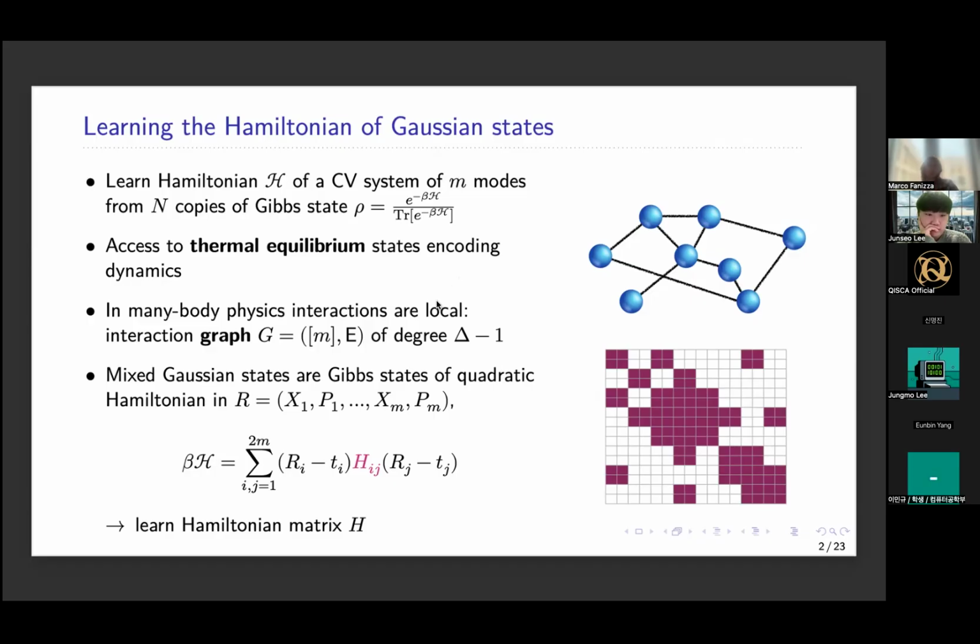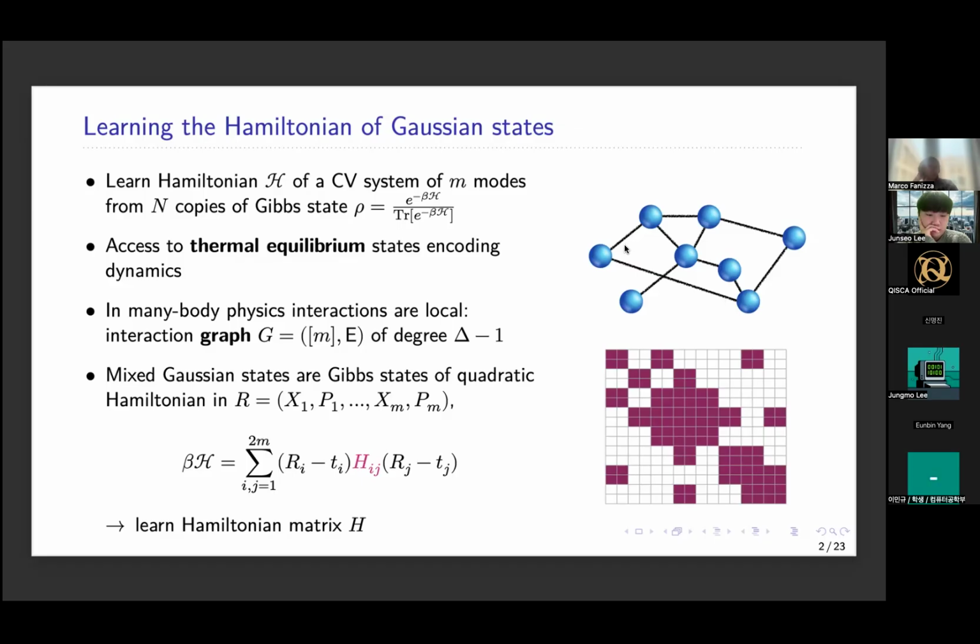So in particular, we focus on the case where interactions are local, which is typical in many body physics. And in this case, the structure of the Hamiltonian can be described by an interaction graph with m vertices. Each vertex corresponds to a local subsystem of the many-body system.